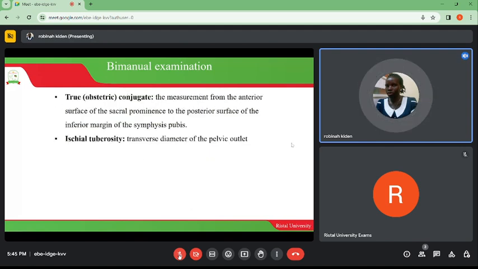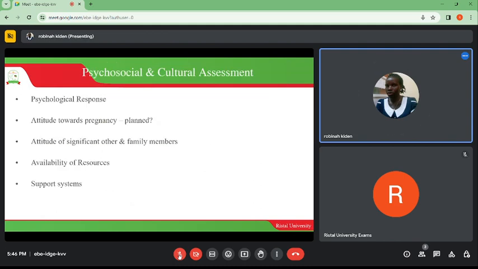So as we continue, we also have the true obstetric conjugate. This is the measurement from the anterior surface of the sacral prominence to the posterior surface of the inferior margin of the symphysis pubis. Then we have the istiotuberosity, which is the transverse diameter of the pelvic outlet.